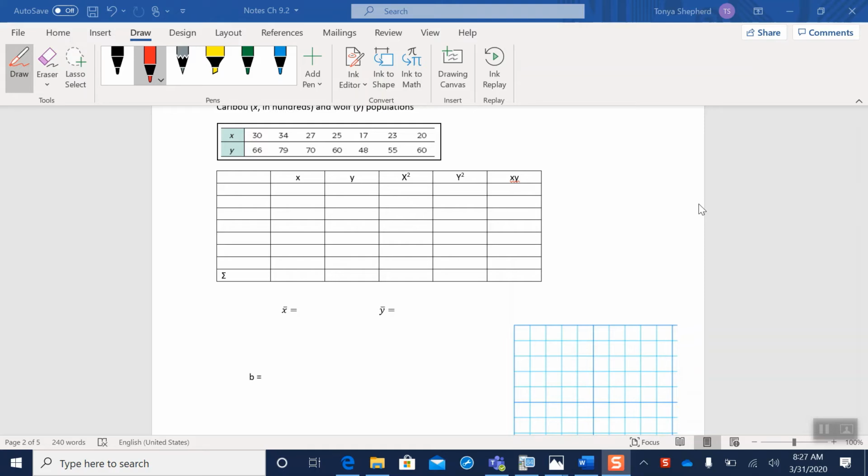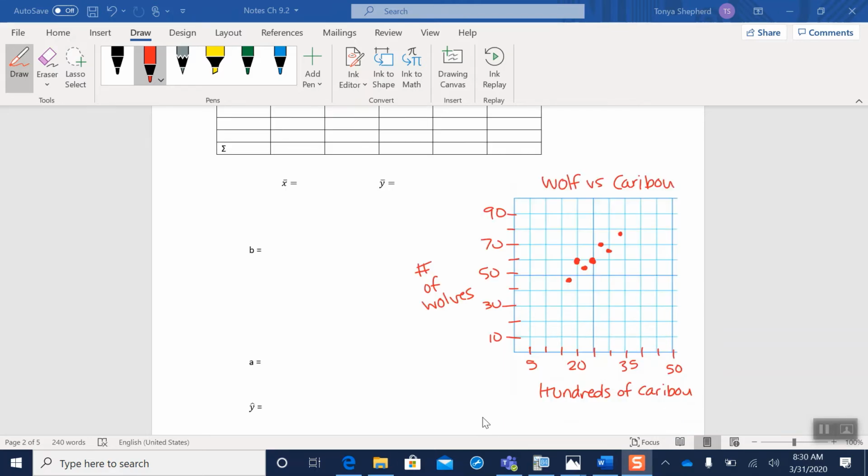We're going to label our x and y axes and figure out what we want to count by. Let's take a look at our x's. Our largest value on our x's is 34. So we'd probably be good counting by fives. And our largest value on the y's is 79, so we're probably going to need to count by tens.